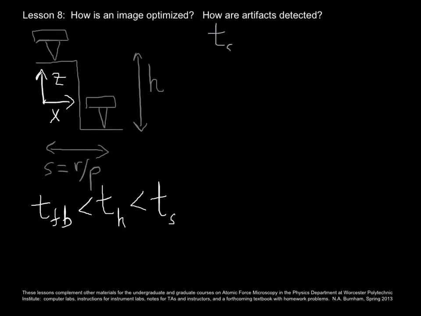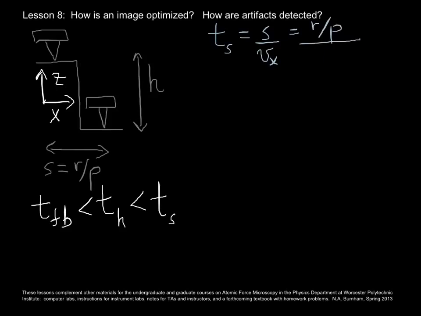The time it takes the cantilever to do 1 scan step is s over the speed in the x direction. 1 step length is the range divided by the number of pixels.